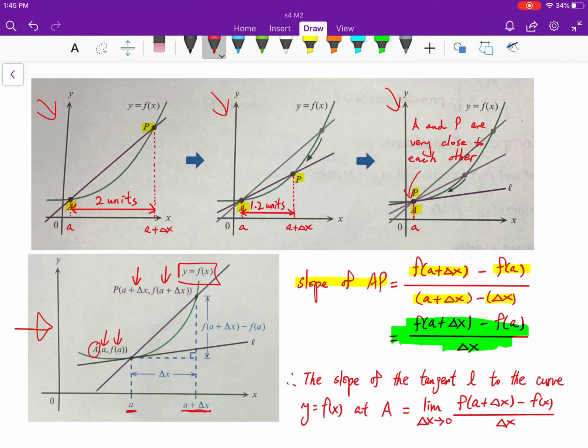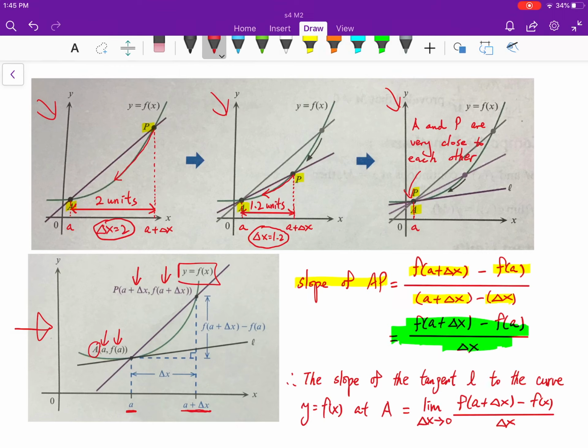Now let's go back to these three graphs. In the first graph, the horizontal distance between A and P is 2 units, so delta x in this case is 2. If P moves towards A along the curve, you have the second case, 1.2 units, so delta x is 1.2.